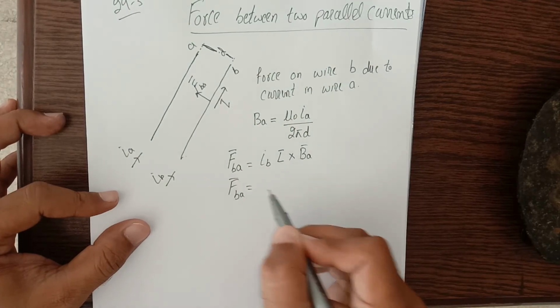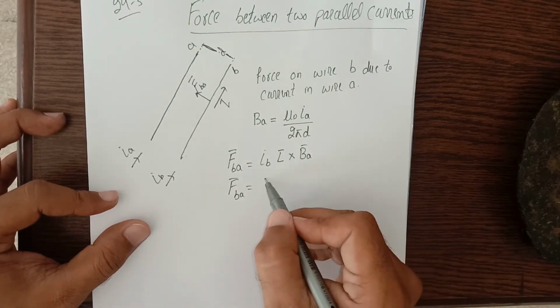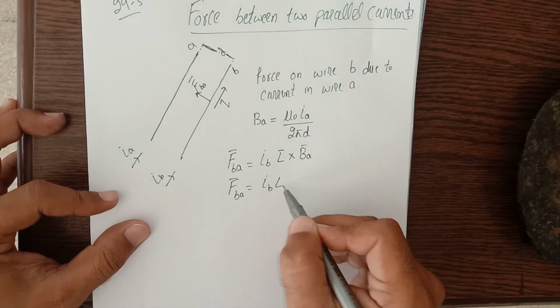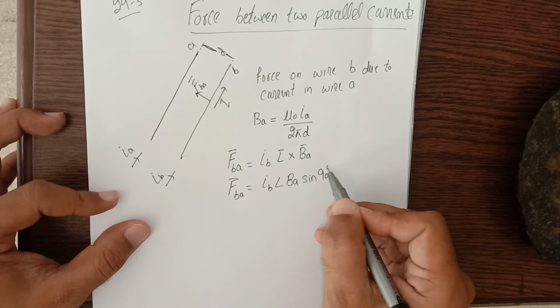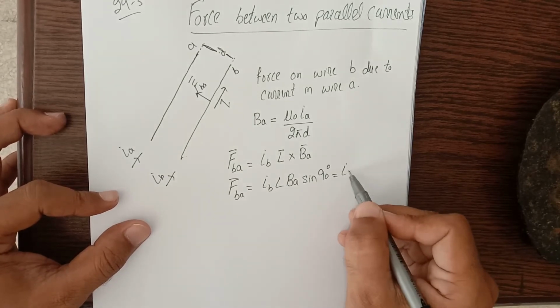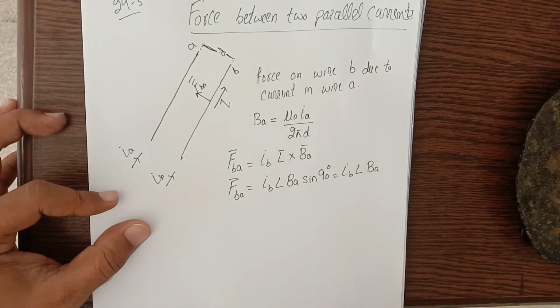I can write FBA equals IB L BA sine 90 degree, which comes out to be IB length into BA.